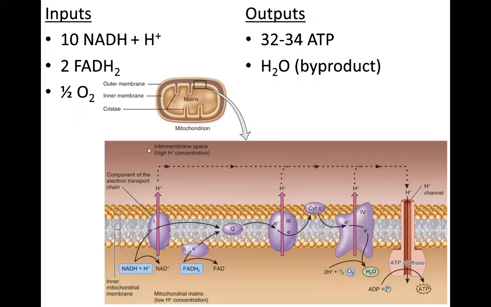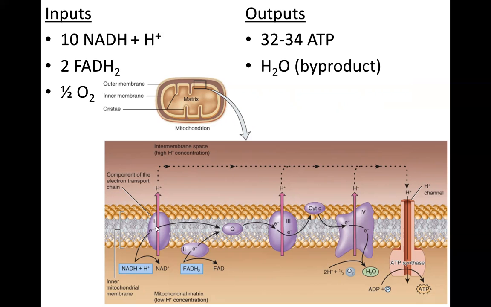Here's what it looks like. And another example of a figure I've kind of actually taken from a different textbook to show what's taking place. We're going to bring those 10 NADH plus H pluses from the 3 different steps that we started, glycolysis, transition, and the Krebs cycle. And what we're going to do is we're going to donate the electrons to the very first of these proteins that make up the electron transport chain.